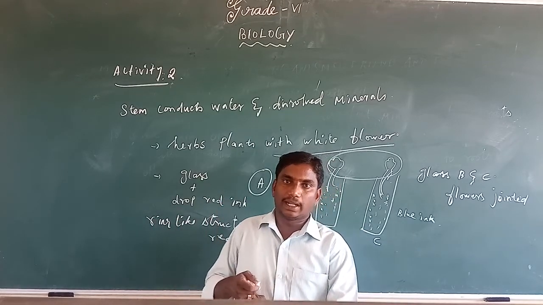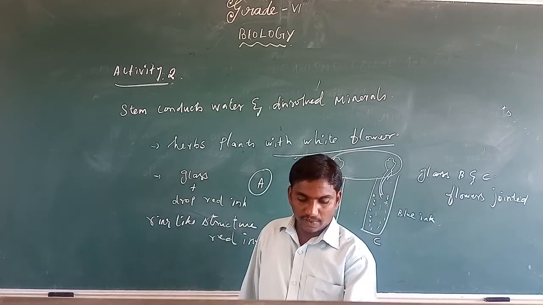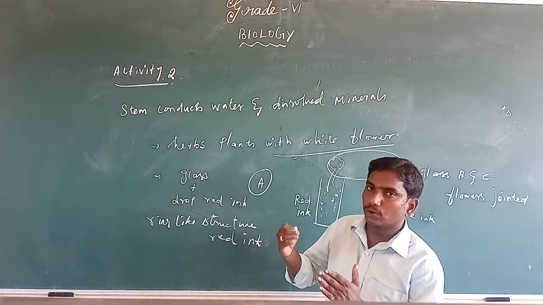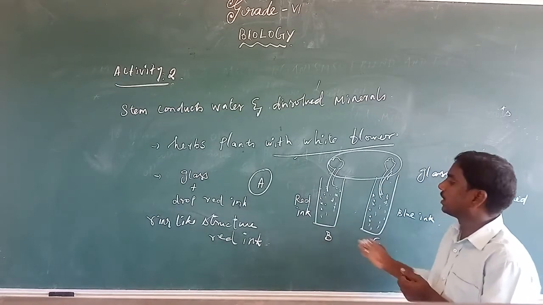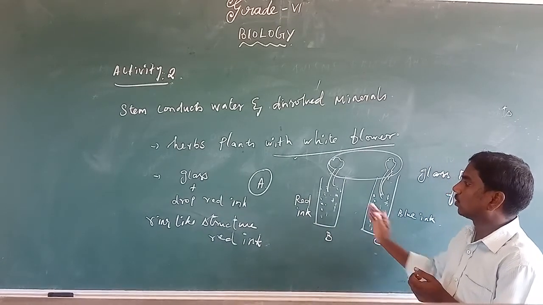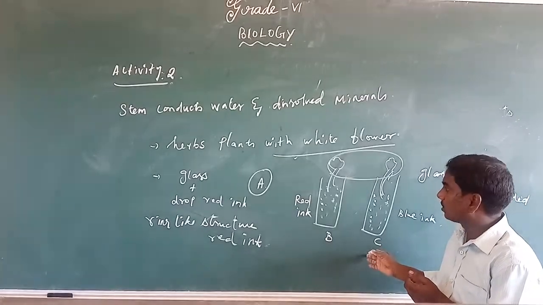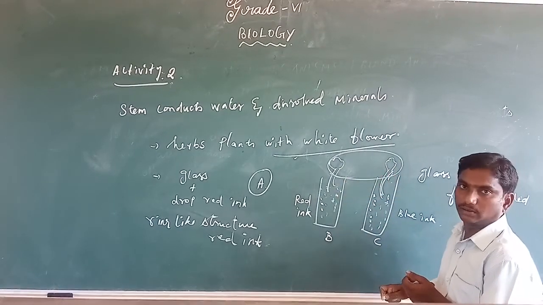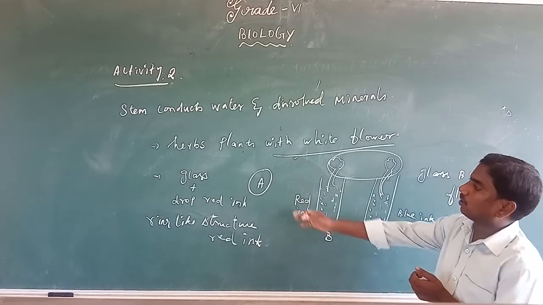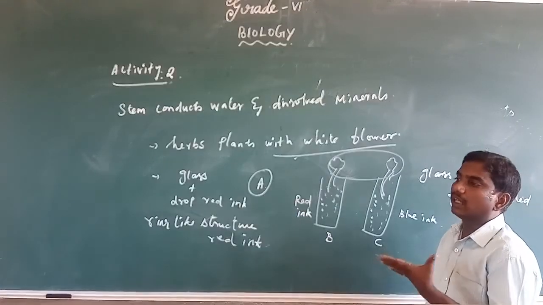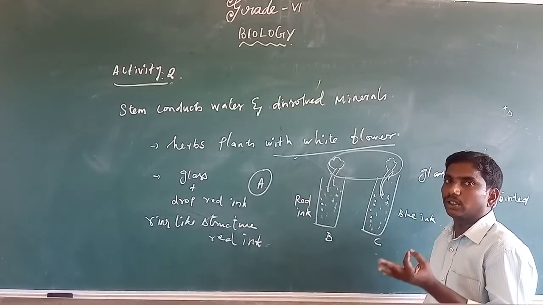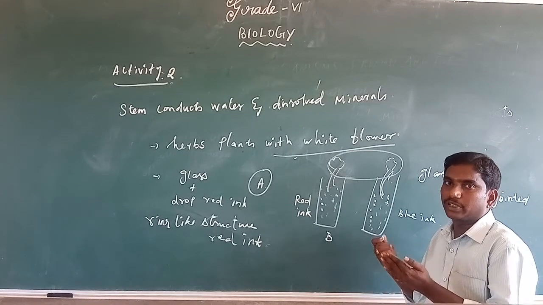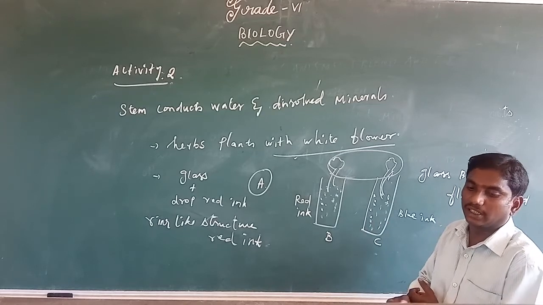Next, you observe B and C. Definitely you can't find it easily because we joined two flowers. So glass A gave only the red color, the ring-like structure, present inside the stem.